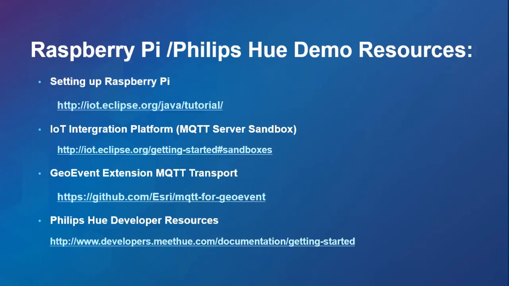The third link is our custom transport that we built and put on GitHub. It uses the Paho library to publish data to the IoT hub or subscribe to data from the IoT hub. And finally, the last link talks about how to send commands to the Hue light bulb.